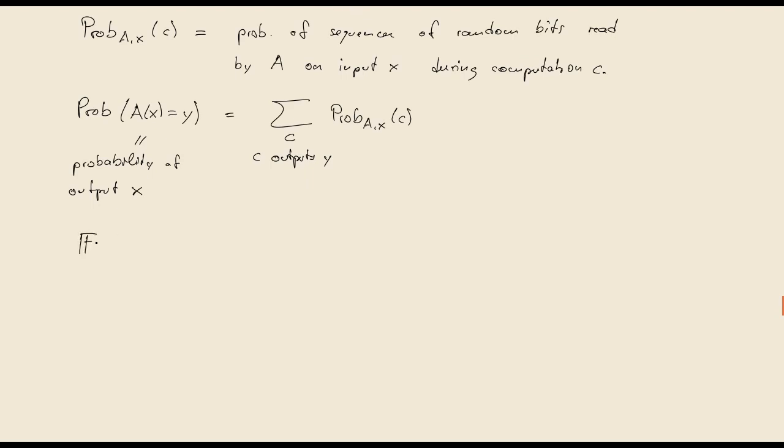Then we can define something like E-time, which is the expected time on a certain input. That's again the sum over these probably many computations. And this here, for a given computation, is easy, right?